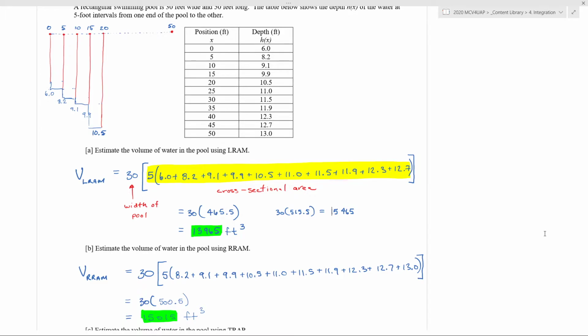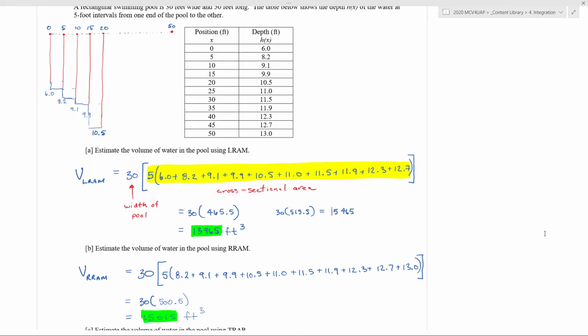I'm confused. Okay, so this is 550.5, correct?